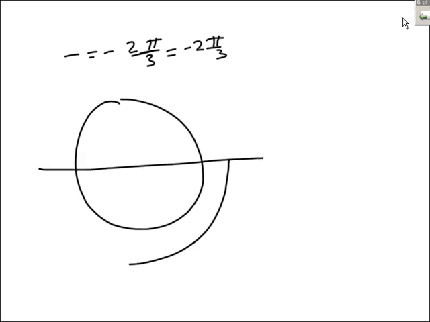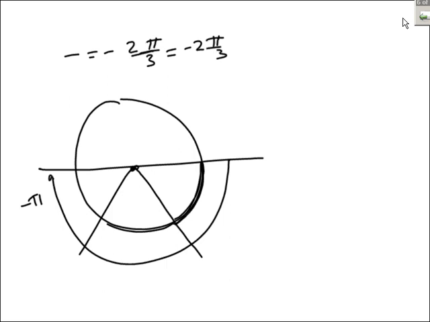We know all the way up to here is negative pi. Break it up from the center into 3 equal pieces, like such. Here's 1 pi over 3, here's another pi over 3, here's the last pi over 3. We want to go 2 of them. Okay, let's go 2 of them. 1, 2. Here is your answer.